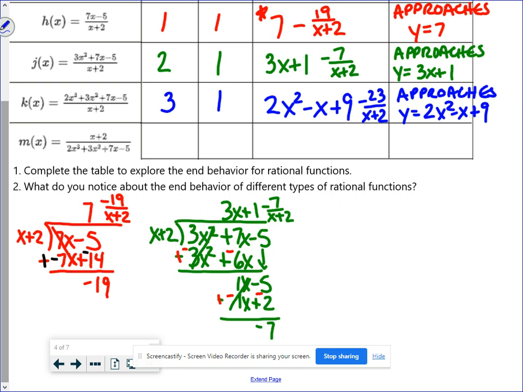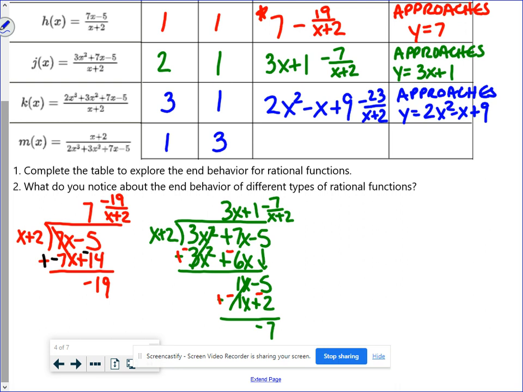In the last one, we're not actually going to need to do a division for the m function. The degree of the numerator is 1. The degree of the denominator is 3. When the degree in the denominator is bigger, remember, that saves us a whole bunch of work.